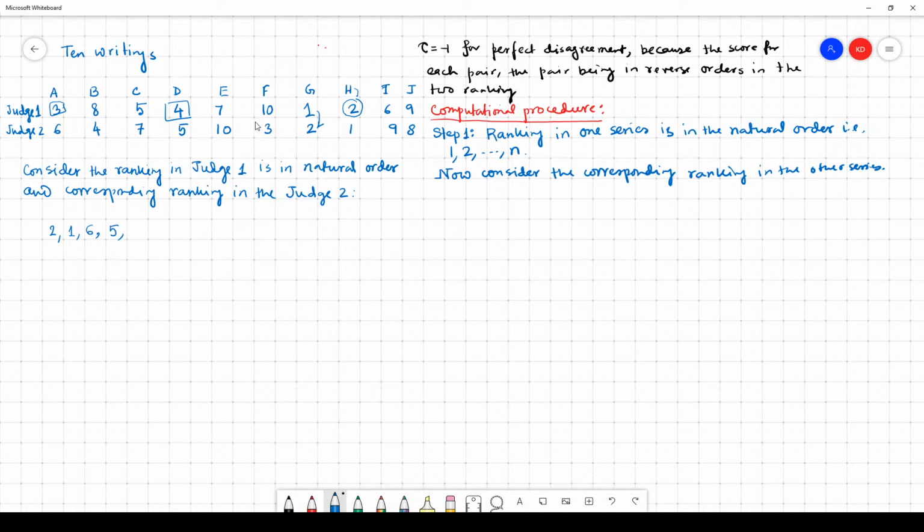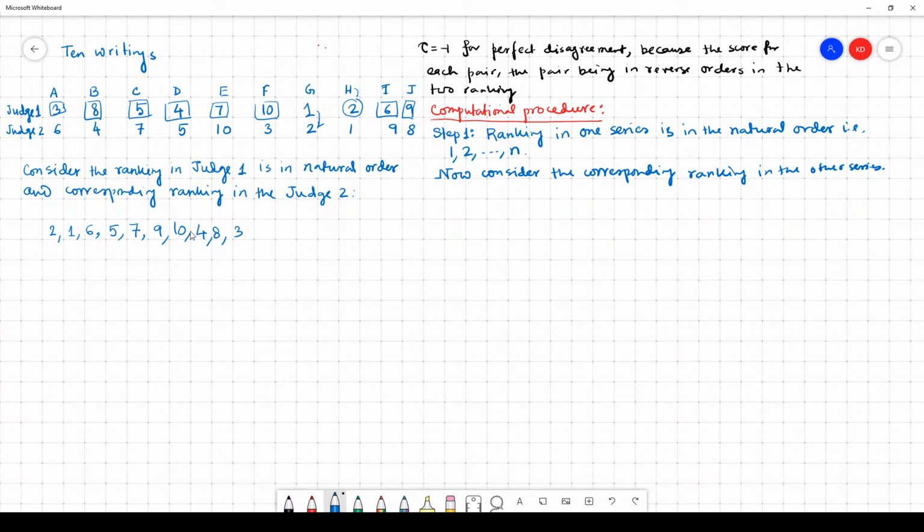Then 5 is 7, 6 is 9, 7 is 10, 8 is 4, 9 is 8, and 10, lastly, for judge 2 is 3.